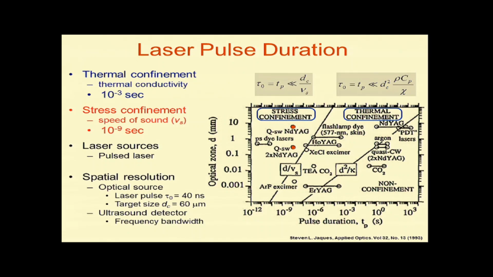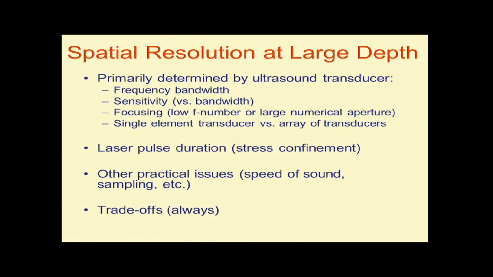So if you have very bad ultrasound transducers, that resolution will be just ruined. So the spatial resolution at large depths is determined primarily by the ultrasound transducer, assuming you got nanosecond laser pulses. It's the frequency bandwidth, or how short the pulses you can detect. It's the sensitivity, which usually goes against the bandwidth, so there are always trade-offs.